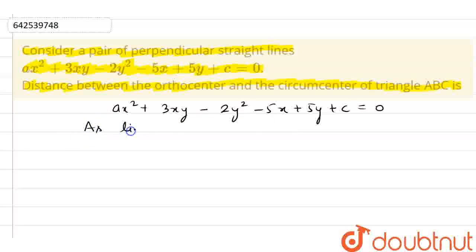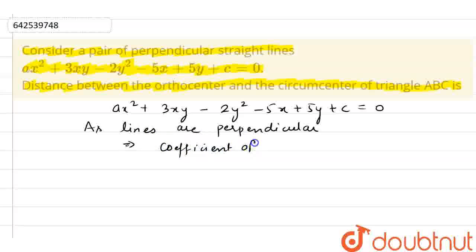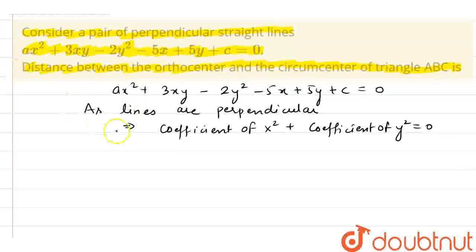As lines are perpendicular, I am going to use a concept here: whenever we have a pair of perpendicular straight lines, the coefficient of x square plus the coefficient of y square must be equal to 0. Now here the coefficient of x square is a, and the coefficient of y square is minus 2. This is equals to 0, so we can say the value of a is 2.